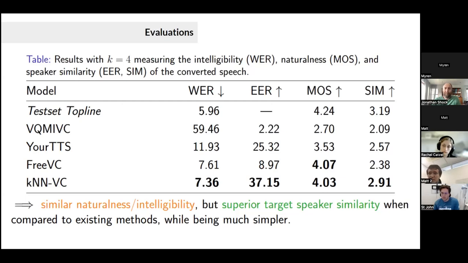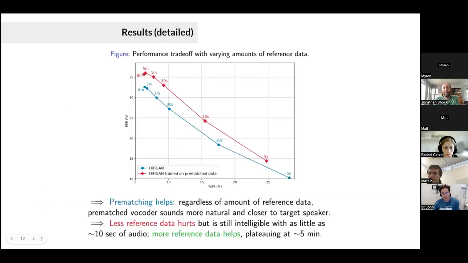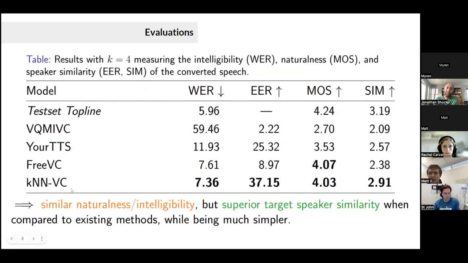Yes, there's definitely a lot of work to be done. There's actually a paper published last week that builds a little model on top of kNN-VC to try and alleviate the problem that we need at least one to five minutes of reference data to get it working properly. So you can definitely try to use kNN to bootstrap these other methods.